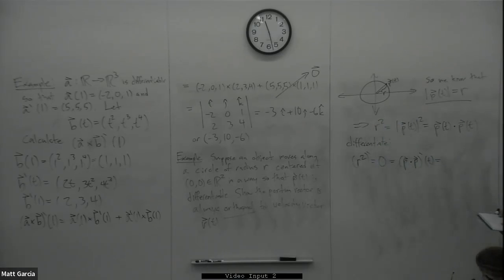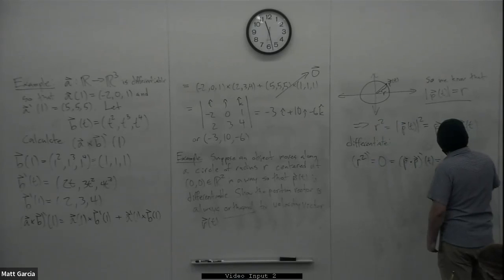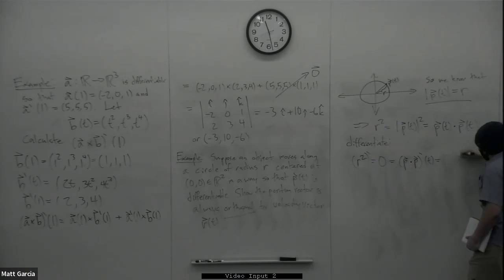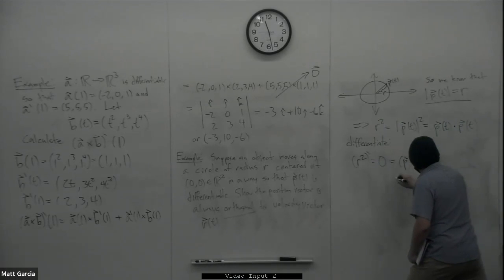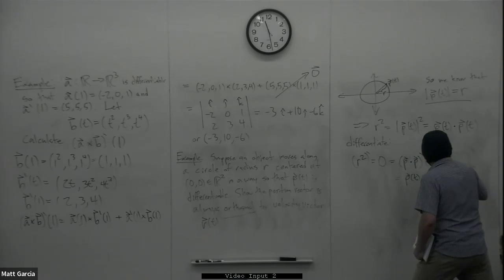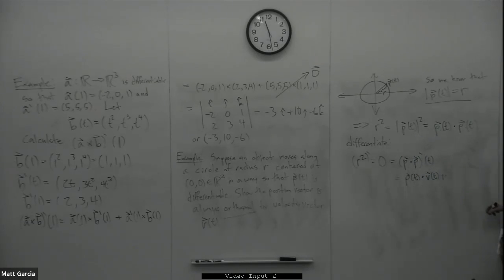So here we'll use the product rule for the dot product, right? This gives us p hat of t dot p hat of t prime, plus the derivative of p hat of t dot p of t.